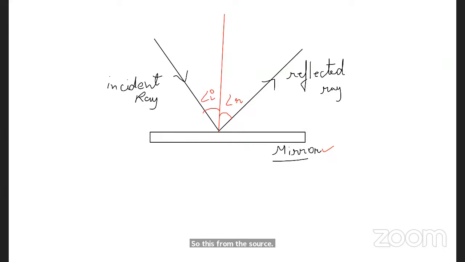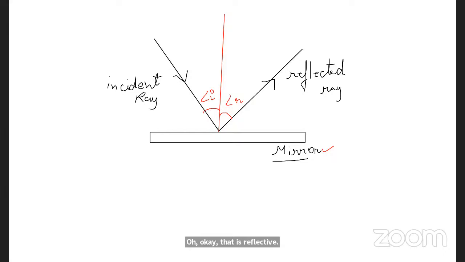What is the reflected ray? The ray which reflects back after striking the reflecting surface. Incident ray strikes the mirror and then it gets reflected up. That is the reflected ray. What is angle of incidence?